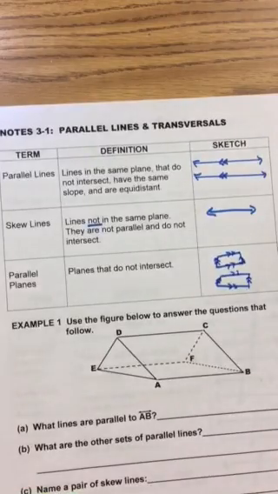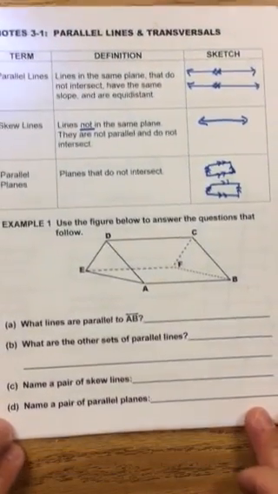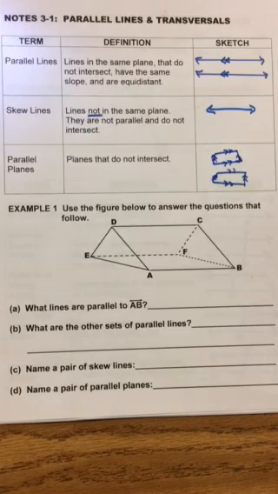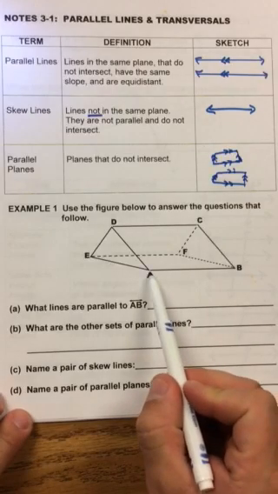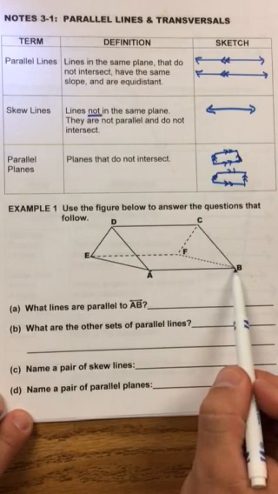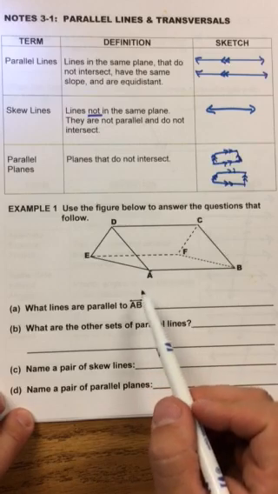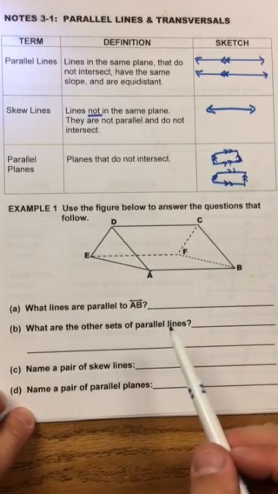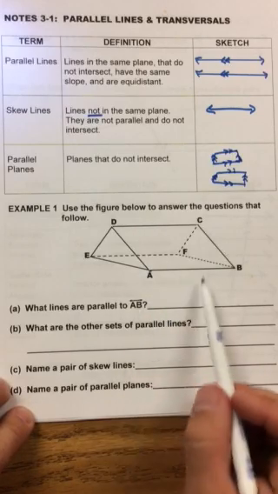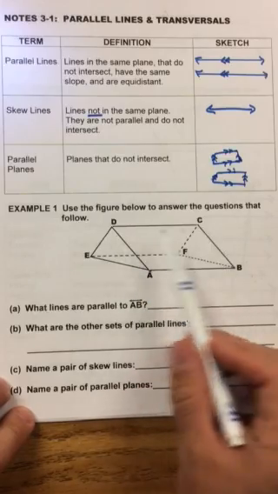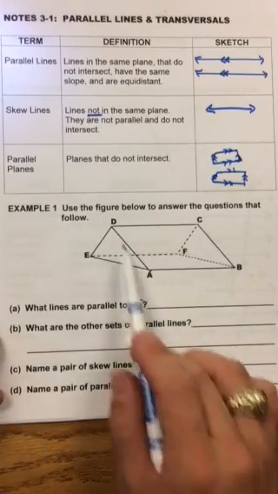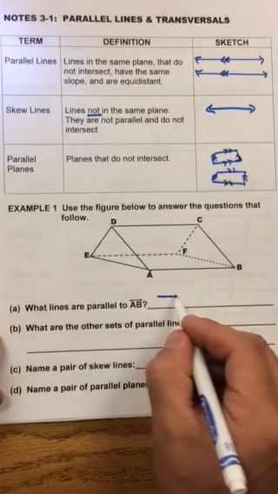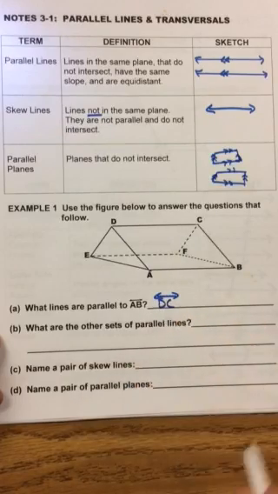So, let's look down below. Look at example 1. Use the figure below to answer the questions that follow. Part A, what lines are parallel to line AB? So I'm looking for things parallel to line AB. If it's parallel, it must be on the same plane, which in our case happens to be a face of my triangular prism, such as line DC.